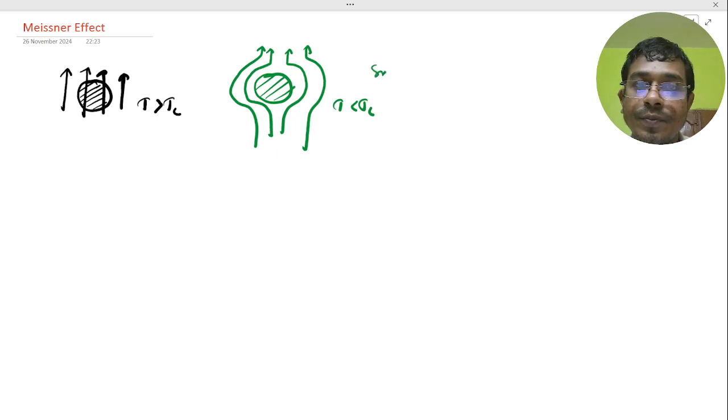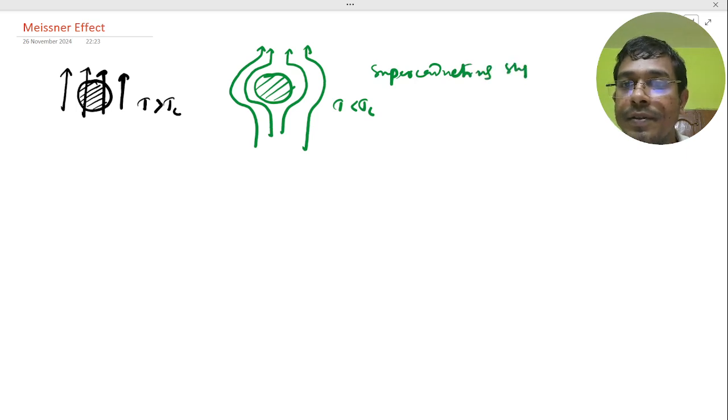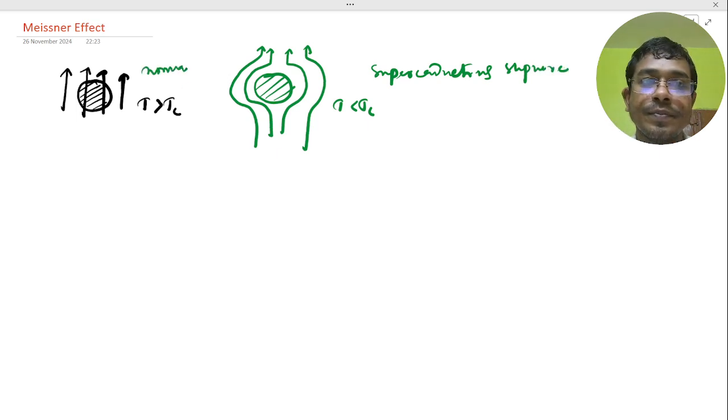This is for the superconducting sphere, and this is for normal.